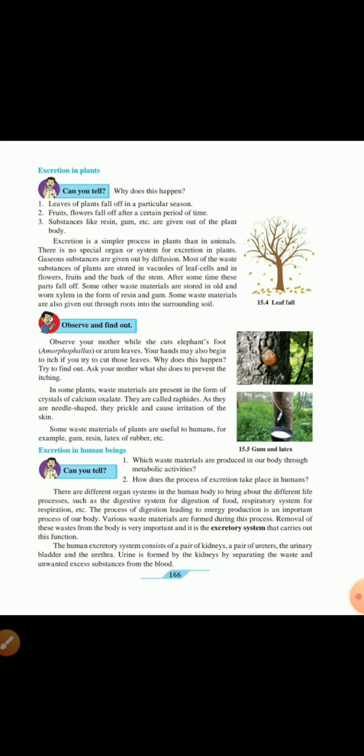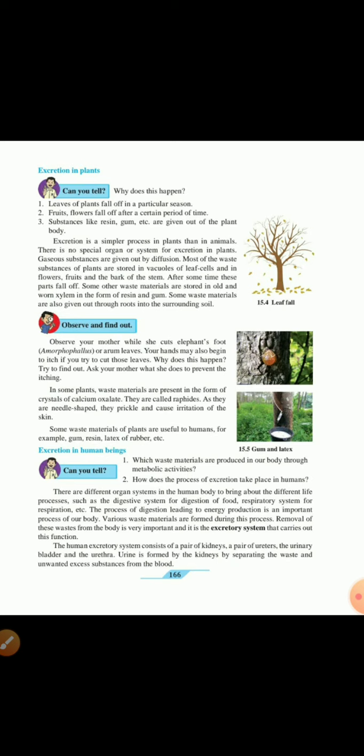There are different organ systems in the human body to bring about the different life processes, such as the digestive system for digestion of food, respiratory system for respiration, etc. The process of digestion leading to energy production is an important process of our body. Various waste materials are formed during this process.